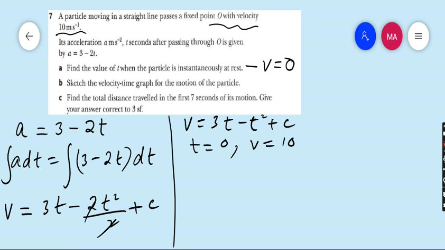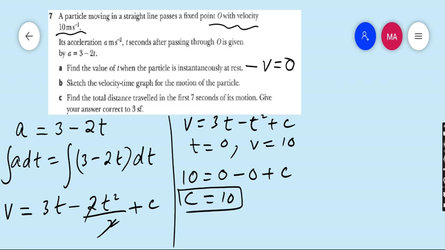So replace v by 10, which is equal to 3 into 0, minus 0 squared is 0, plus c. Hence c is equal to 10. So v is equal to 3t minus t squared plus 10.